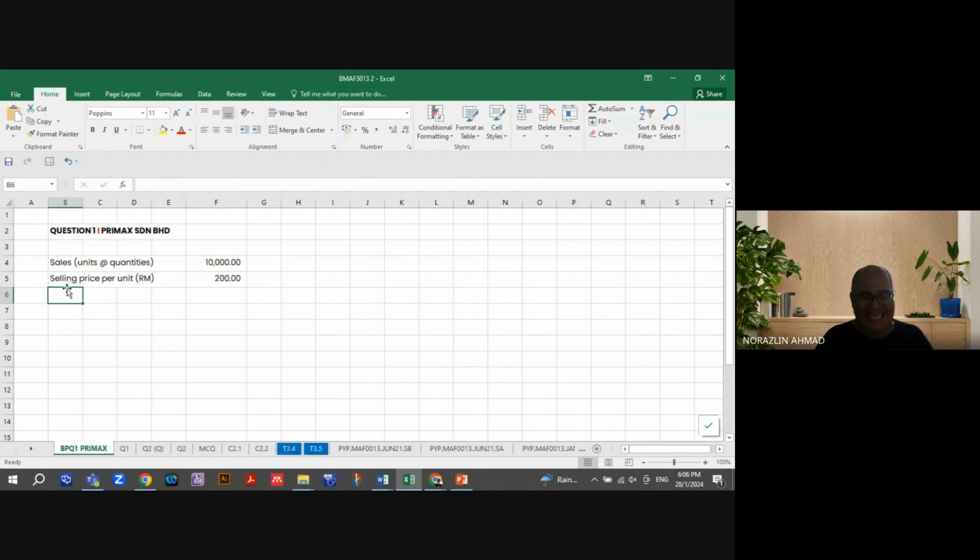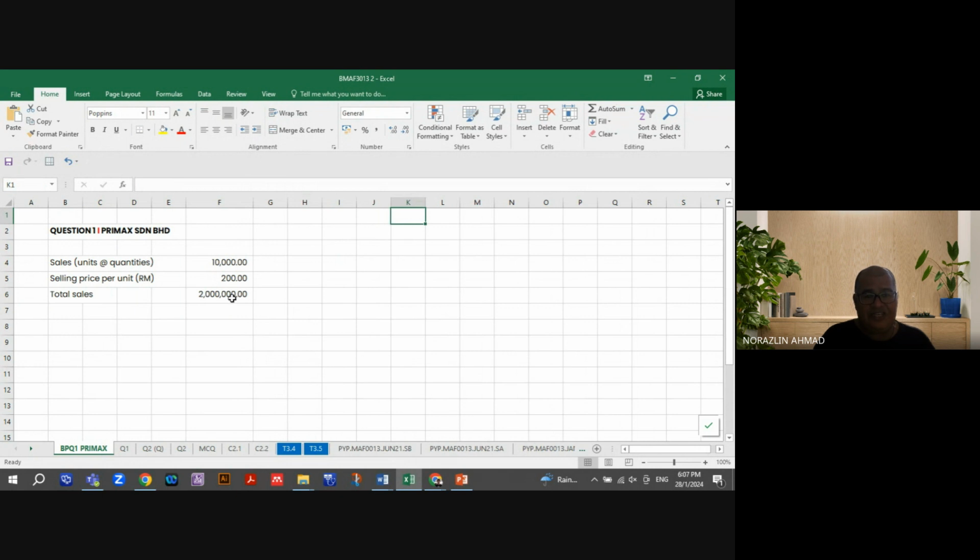From here, we can get the total sale. Maybe we are not using it, but I'll teach you how to get this figure. Total sale in RM is 200 ringgit times 10,000 units. You will get 2 million ringgit.